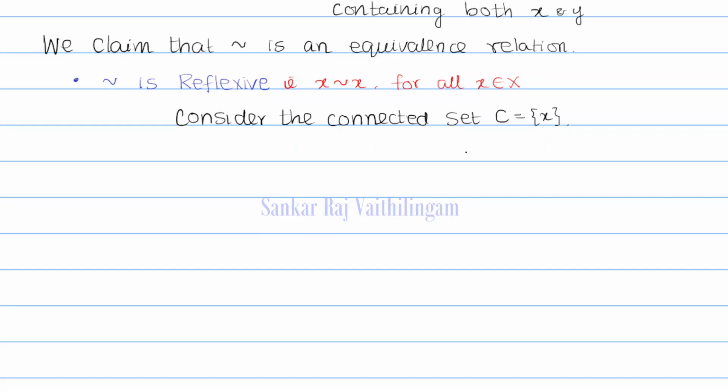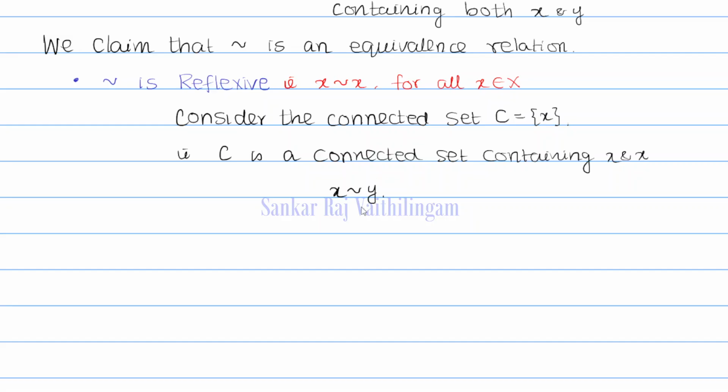So capital C is a connected set containing both x and x. That means what? x is related with x.